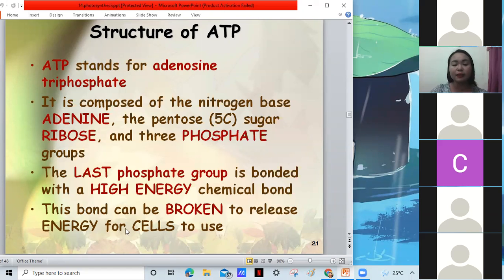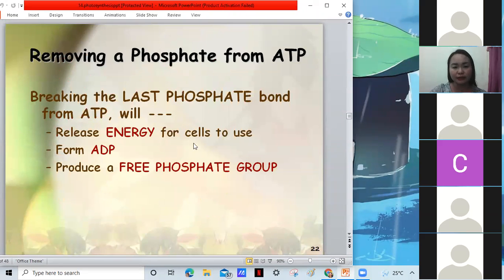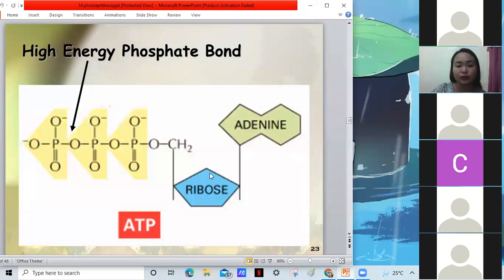And this bond can be broken to release energy for the cells in plants and also animals. So removing a phosphate from ATP, or breaking the last phosphate bond, will release energy for use and will form ADP, or adenosine diphosphate, and produce a free phosphate group.